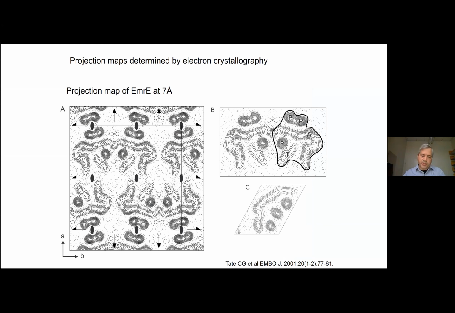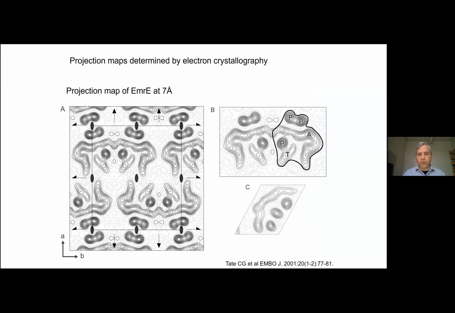Because the crystal is only in 2D, and so far I've only been dealing with one image, or an image of untilted crystals, you only have information that's been amplified. The high resolution information is only extending in 2D. You don't have any real 3D information because the crystal is only a 2D crystal when you're looking at it in one view.